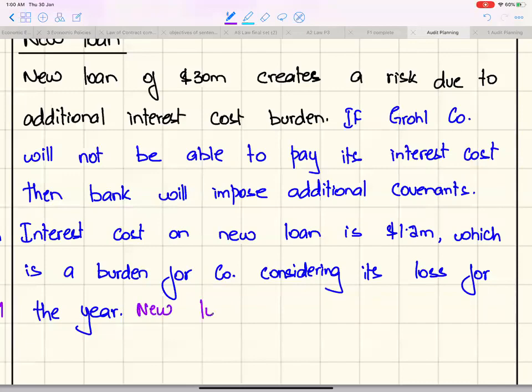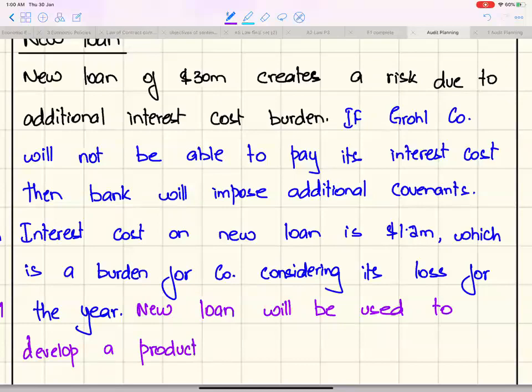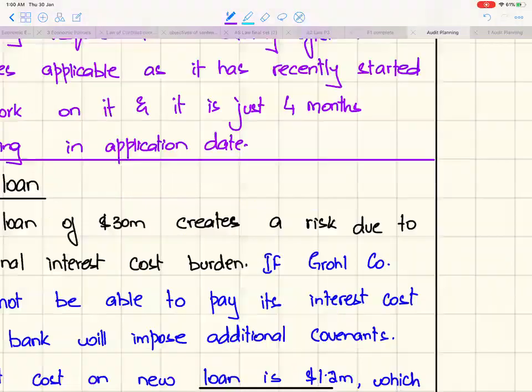The new loan will be used to develop a production line which meets the new regulation.